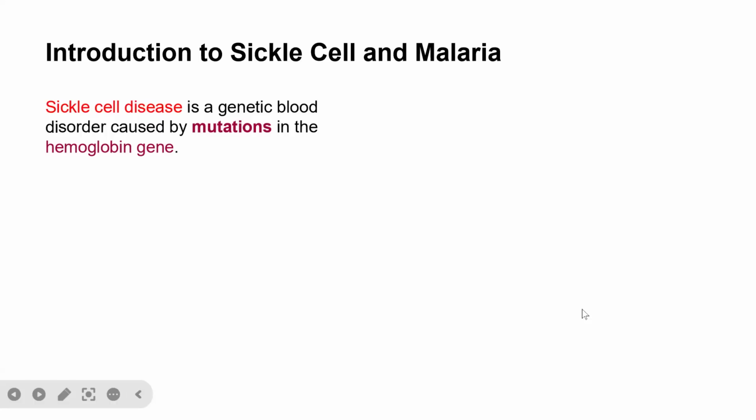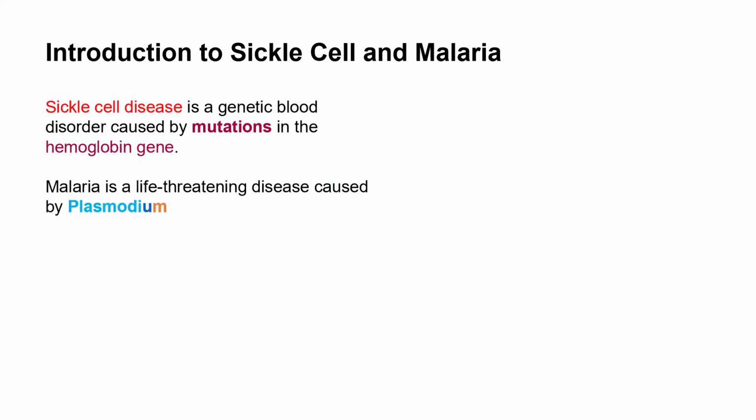Hemoglobin is a protein, so the mutation leads to a coding of the amino acid valine, and that leads to the sickle shape of the red blood cell. I'm going to share a link under the description of this video, so you can watch it for details of what exactly sickle cell anemia is.